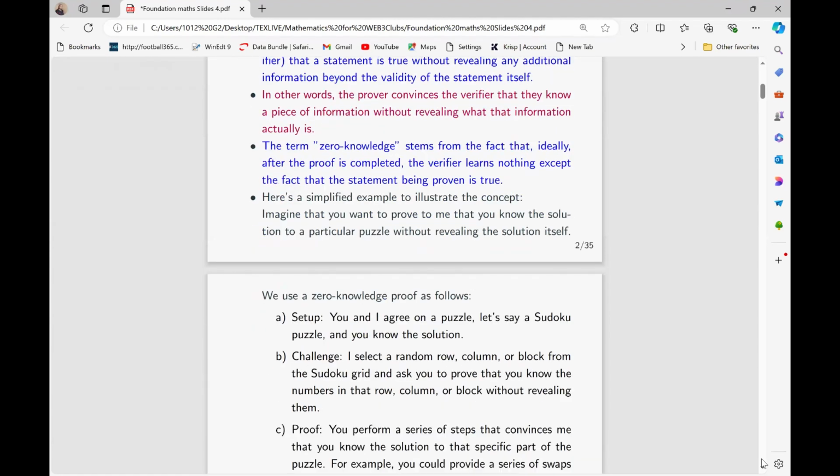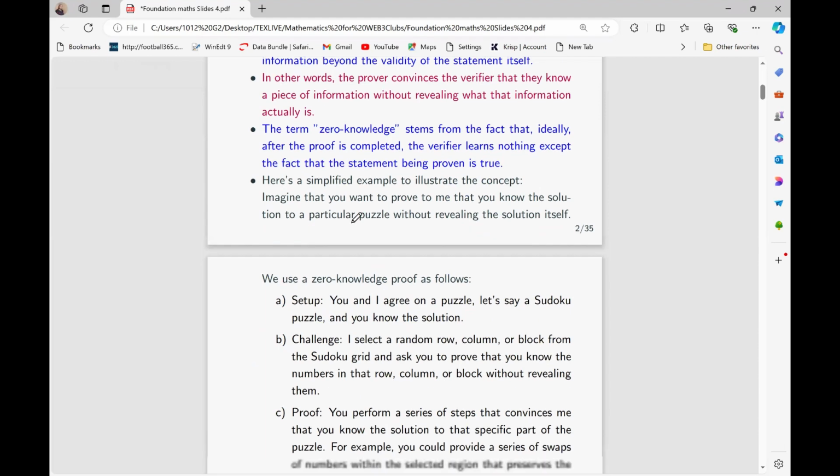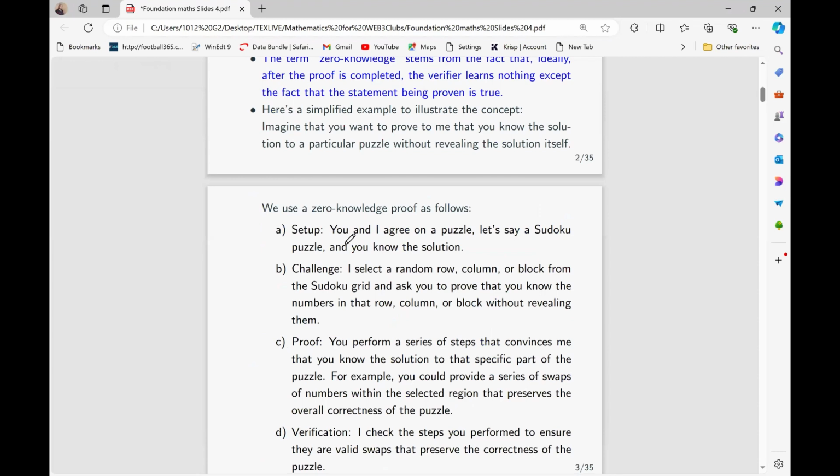Now, I'd given another example here, another example of zero knowledge. For instance, you and I agree on a puzzle, the Sudoku puzzle. In this example, it's you who has told me that you know the solution to the Sudoku puzzle.